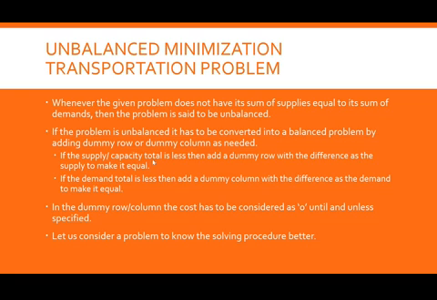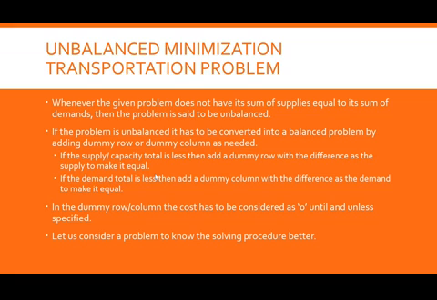If the supply or the capacity total is less than the demands, then we will have to add a dummy row with the difference as the supply. Whatever is the difference value, that has to be taken as a supply for that particular row, and we will have to balance it.